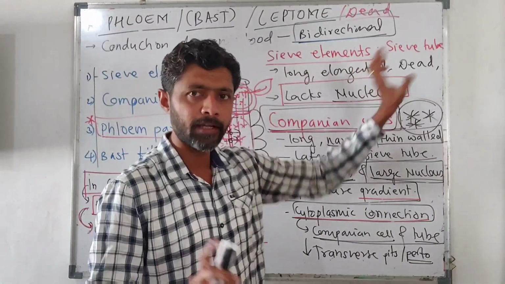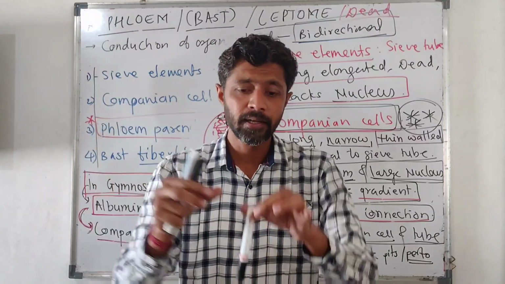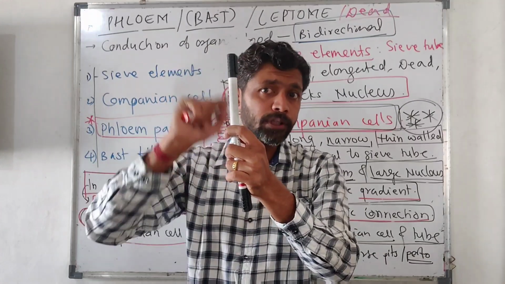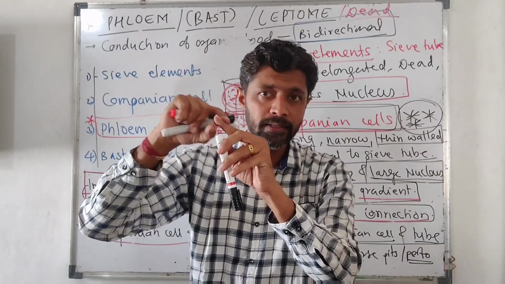Sieve tube elements are tubes, or sometimes small cells, placed one above the other. These two tubes are connected. Here there is the presence of sieve plates.